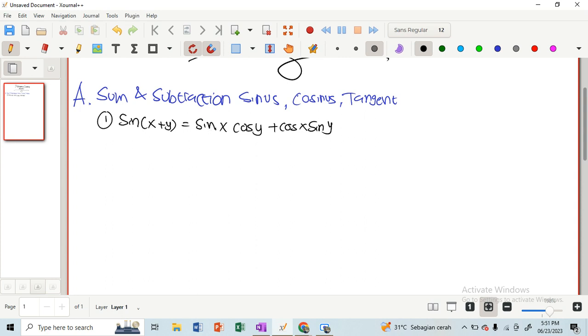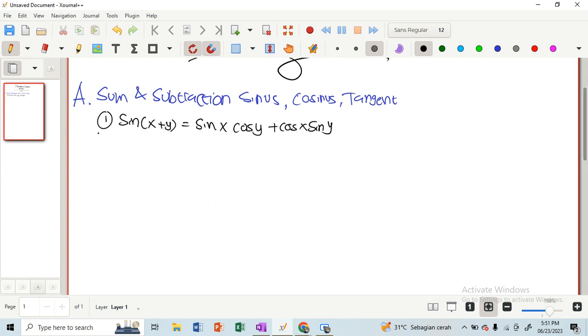You put the sine for x, then the cosine for y, and for the second term you put the cosine on x and the sine on y. It's a pattern that we can see.